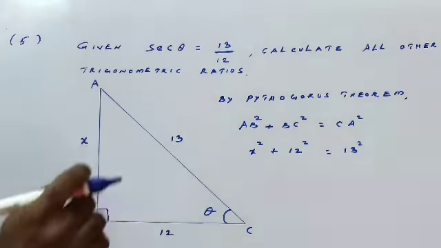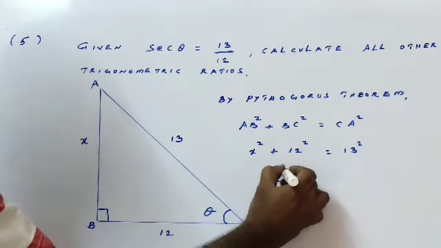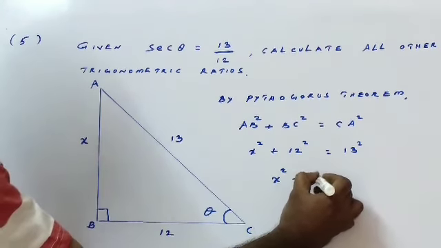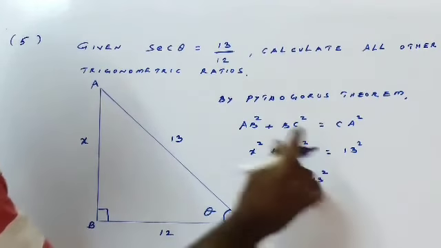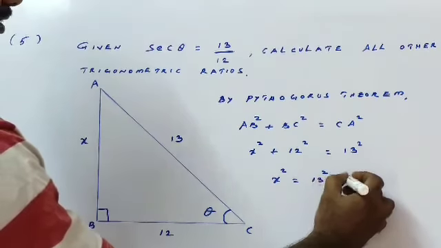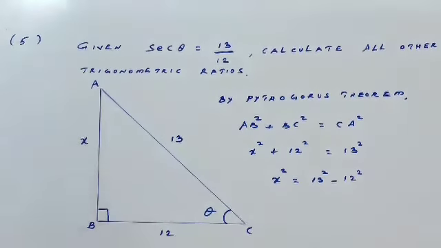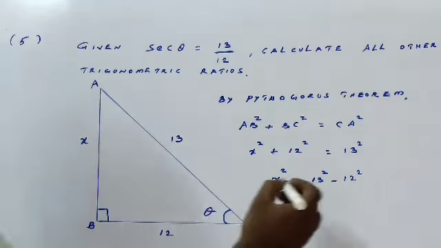Now we need the value of x, so keep x square on the left side, equal to 13 square. Now bring the 12 square term to the right side, it gives minus 12 square. Now we know the algebraic formula, a square minus b square, that is a plus b into a minus b.